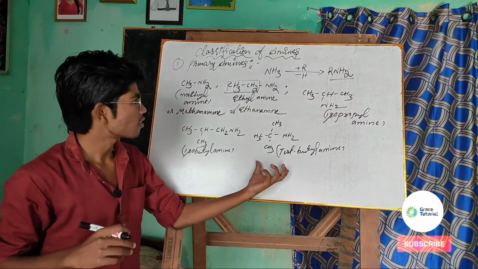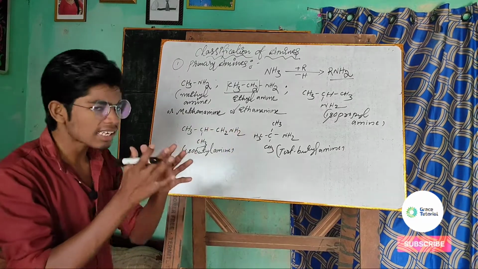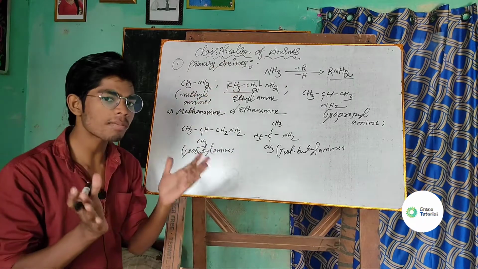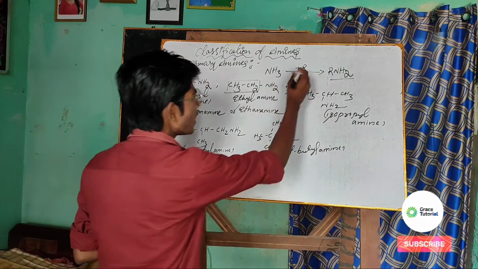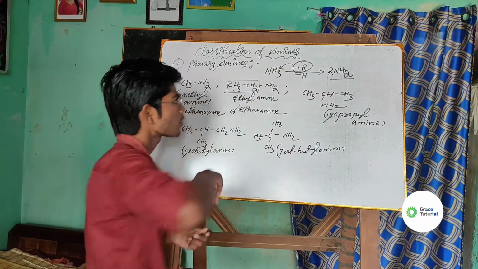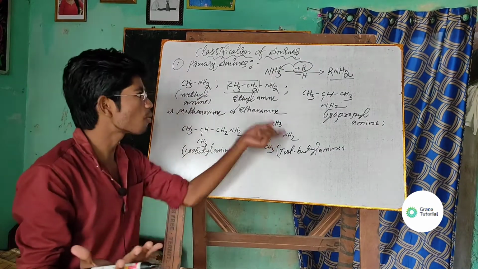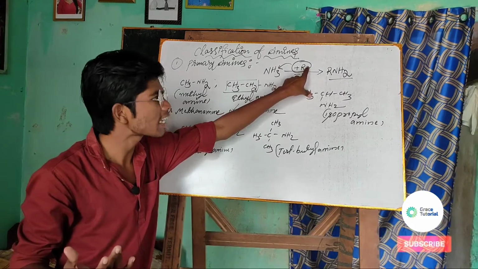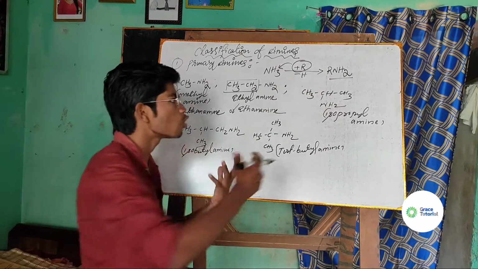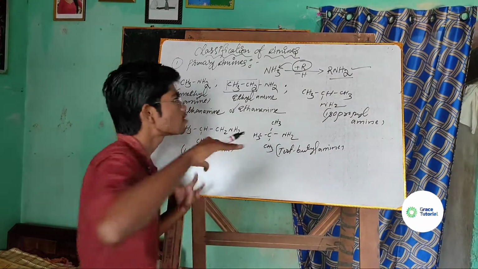Look at here, my dear friends, if you look at the classification of amines, the first one we have is the primary amines. So what do you mean by this primary amine? When one alkyl group replaces the hydrogen atom of the ammonia, that means when one hydrogen atom of the ammonia is replaced by one alkyl group, then the amine which is obtained is called the primary amine, that is RNH2.